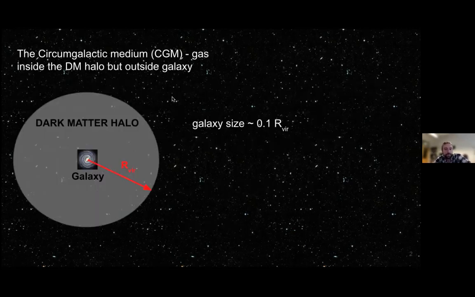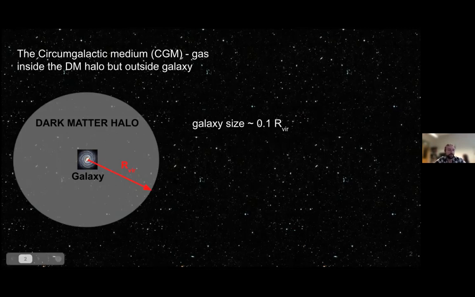The main topic of what I'm going to talk about is galaxies, and more specifically the region outside of galaxies called the circumgalactic medium. The current paradigm of galaxy formation and evolution is that a galaxy is a collection of stars, gas, dust and other things inside of a larger halo of what's called dark matter.